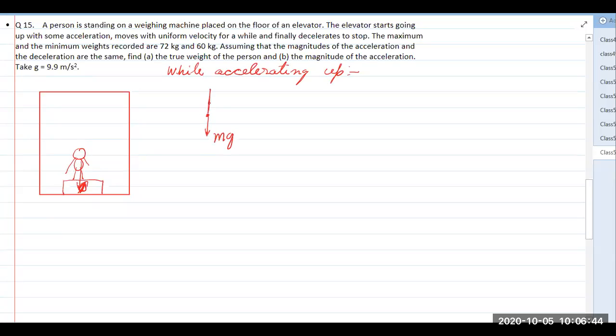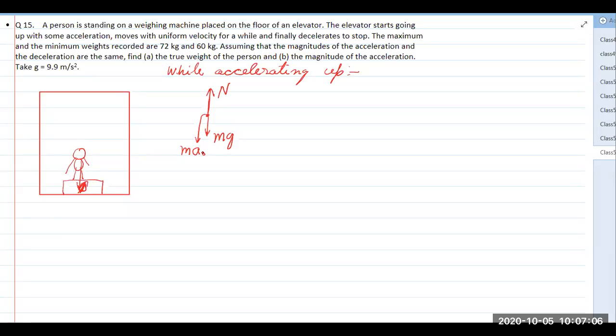Then there will be the normal force from the weighing machine surface. And then there will be pseudo force. Since it is accelerating, there will be pseudo force ma0. So these three things will be there, and the person is not moving inside the lift. So all these three forces are balanced, and the weight recorded by this machine is equal to the normal force.